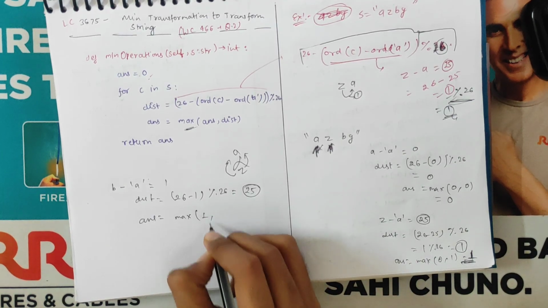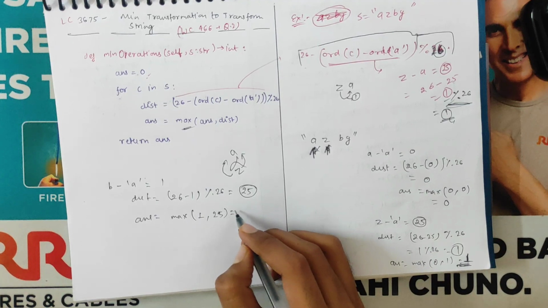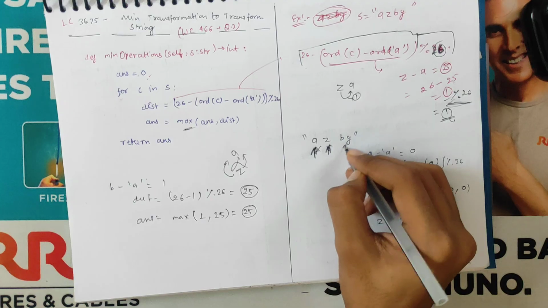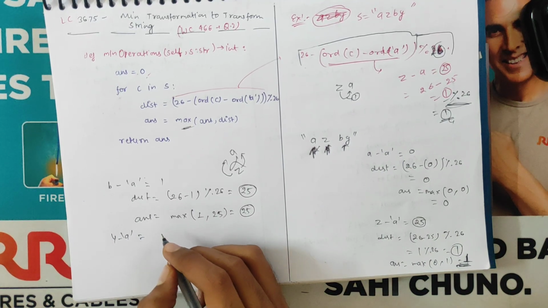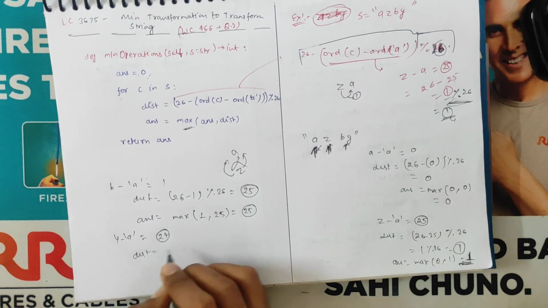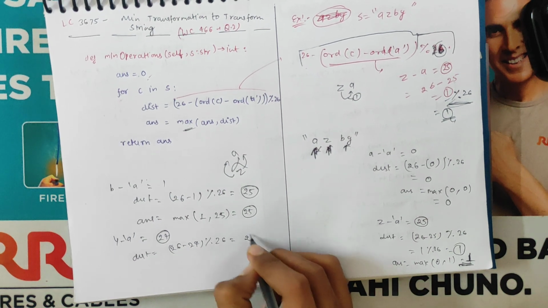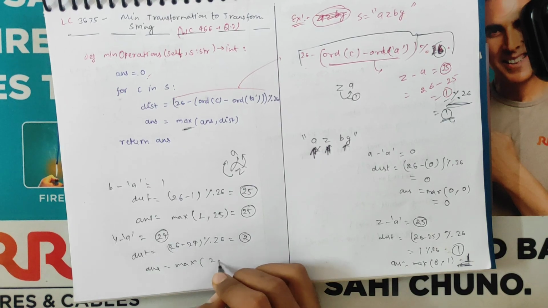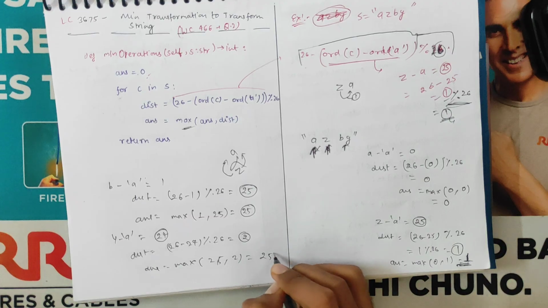So here the answer is the maximum of 1 and 25, which is 25. And then again we move to y. y minus a is 24. So distance is 26 minus 24, modulo 26, which is 2. So answer is the maximum of 25 and 2, which is 25.